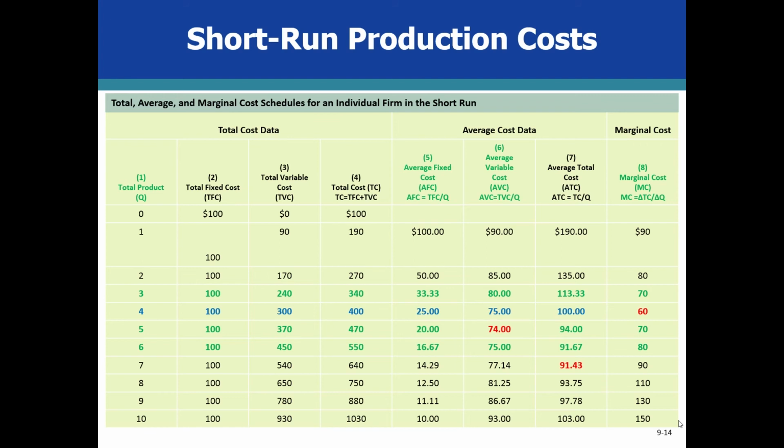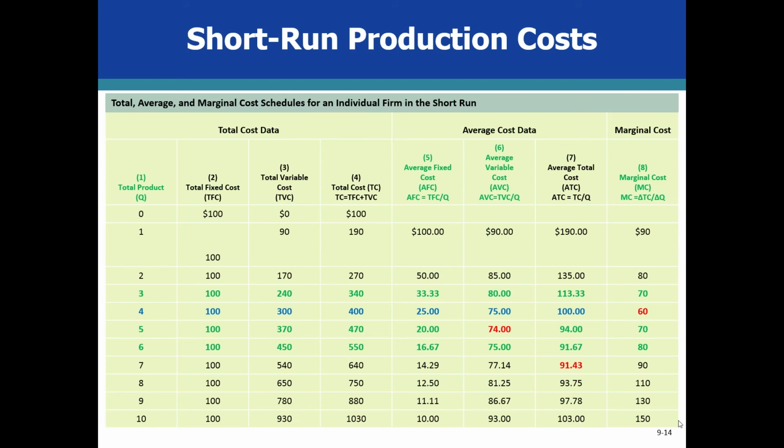Finally, the average total cost of the firm, shown in column 7, reaches its low point of $91.43 per unit. Ultimately, the increases in variable cost outweigh the thinning of the fixed cost, and the average cost starts to increase.